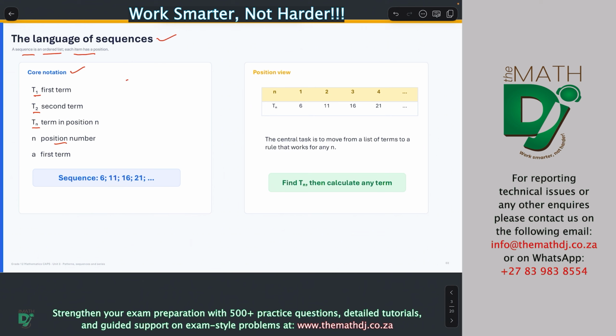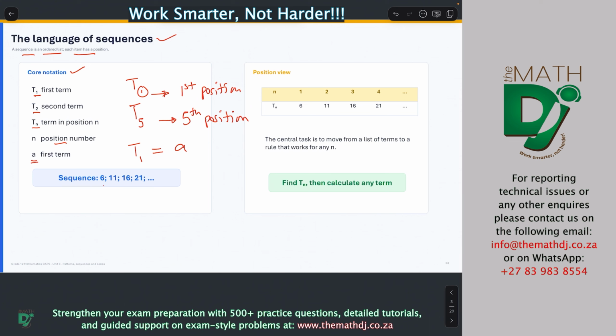When you say T1, it means you are referring to the first position, right? If we say T5, it means you are referring to the fifth position, right? A is also the first term. So in other words, T1 is equal to A, right?